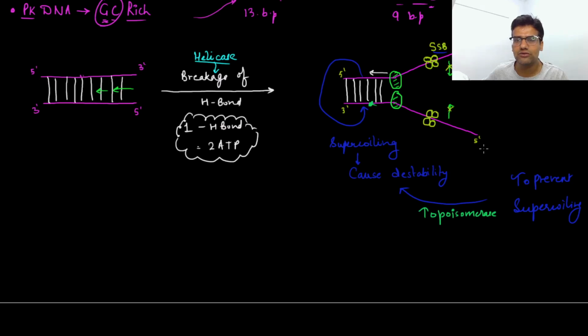So the backbone bond you have broken down with the help of topoisomerase. That means that tension is relieved.